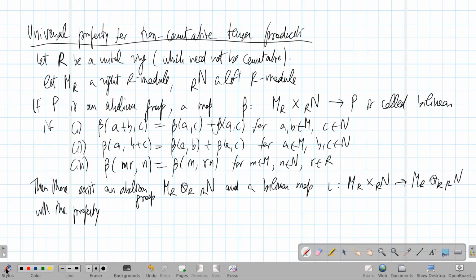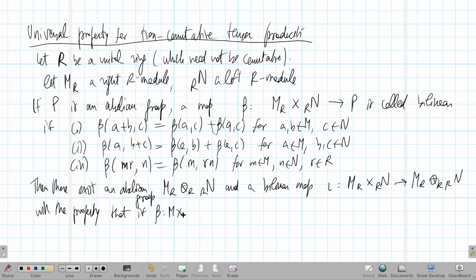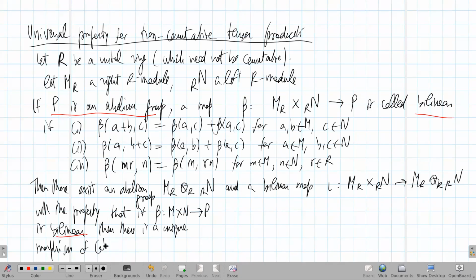With the property that if beta from M times N to P is bilinear, so P will be an abelian group, and I have a bilinear map in this sense, then there is a unique morphism of abelian groups, we call it alpha, such that the diagram commutes.